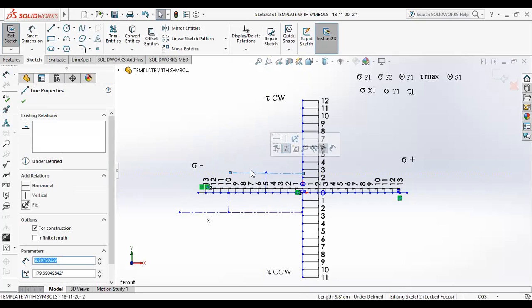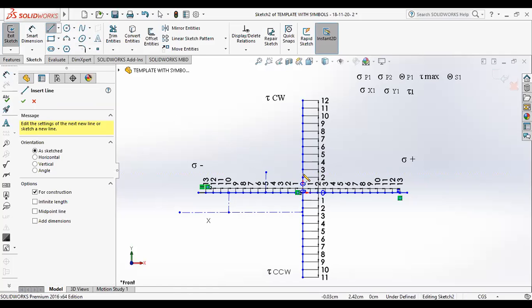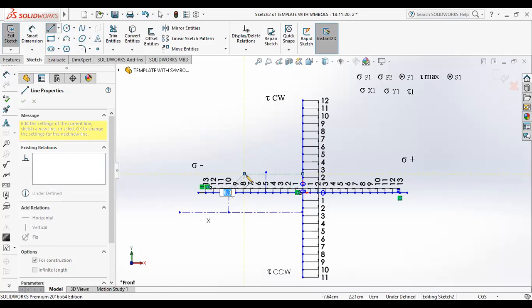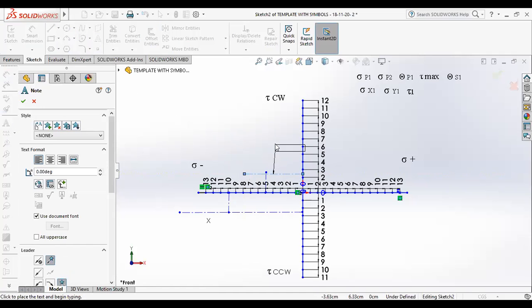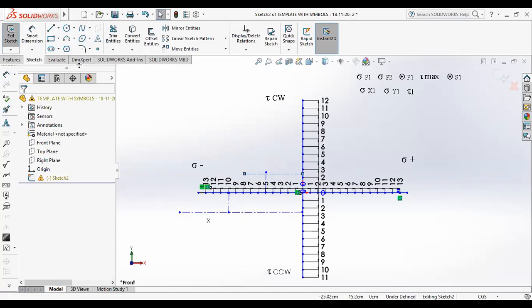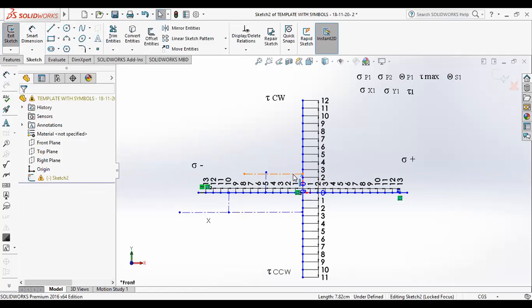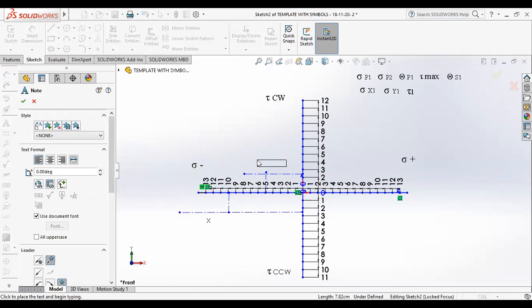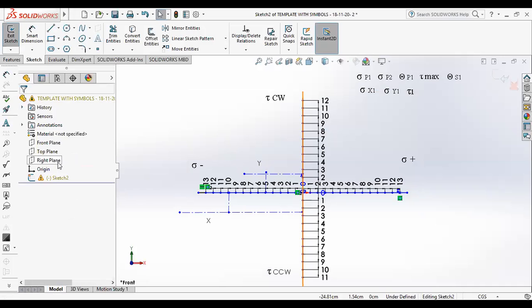This is not straight. Don't worry, this point is your y point. This is the point where it intersects.